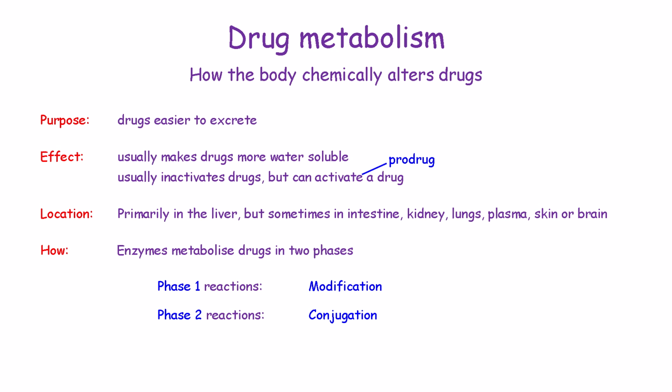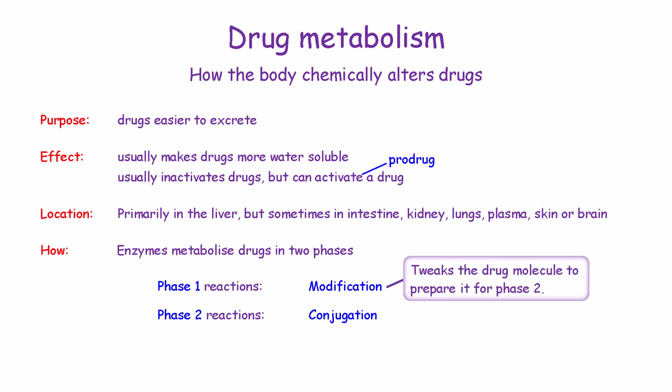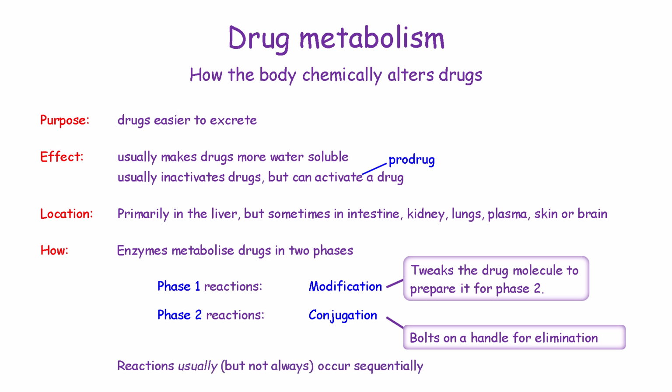You can think of phase 1 as tweaking the drug to prepare it for phase 2, which then bolts on a handle for its elimination. These reactions usually occur simultaneously, but depending on a drug's structure, it may require only phase 1 or only phase 2 to be ready for excretion.